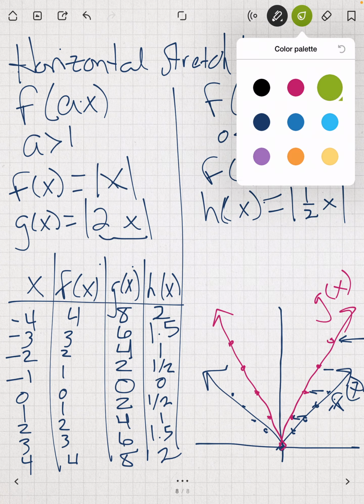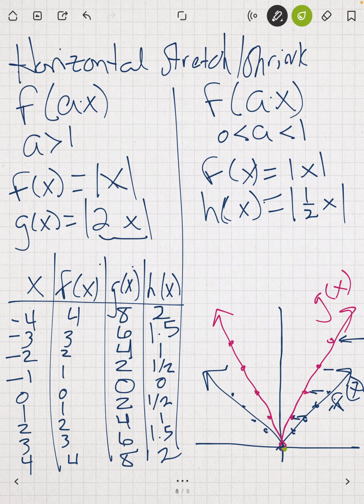Pick a new color, so we're at (0, 0), (1, 1/2), (2, 1), (3, 1.5), (4, 2). Then we copy those onto the other side. We can think of stretching that out that way.